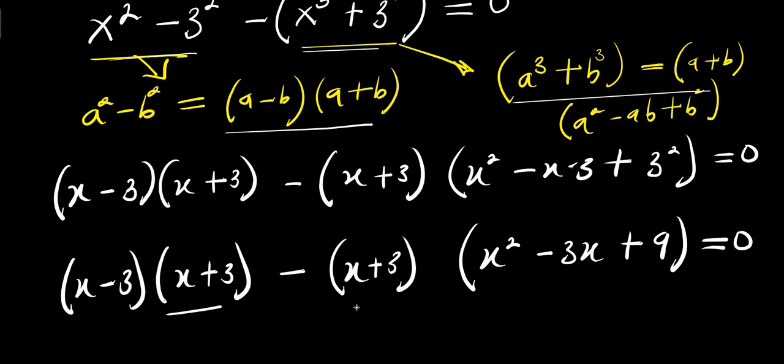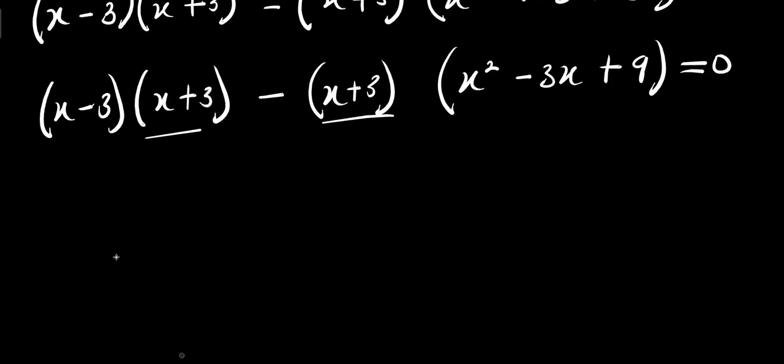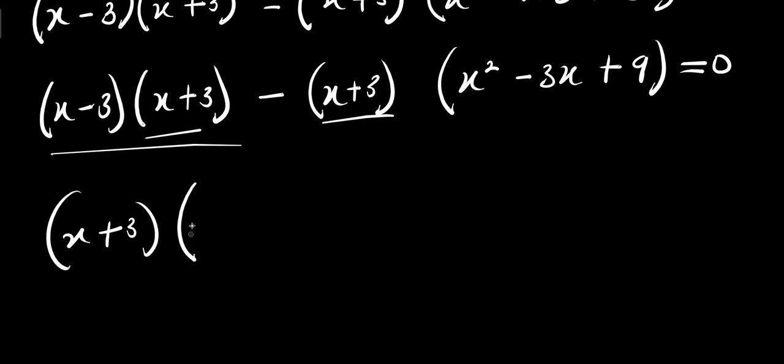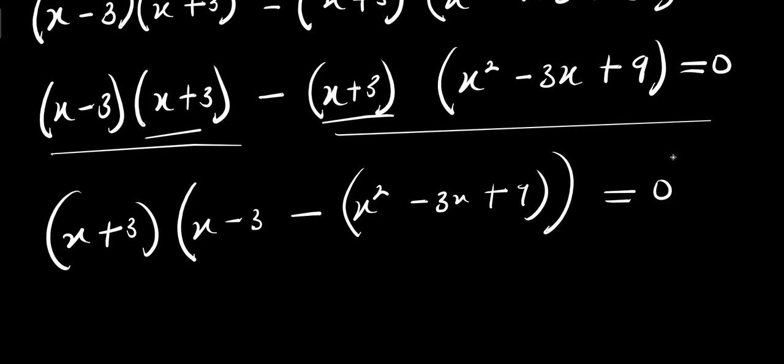So this and this are the same, so let's factor that out. We have x plus 3 times this divide x plus 3, that is x minus 3, minus this divide x plus 3. We have x squared minus 3x plus 9. Let's put it in bracket, and this equals 0.